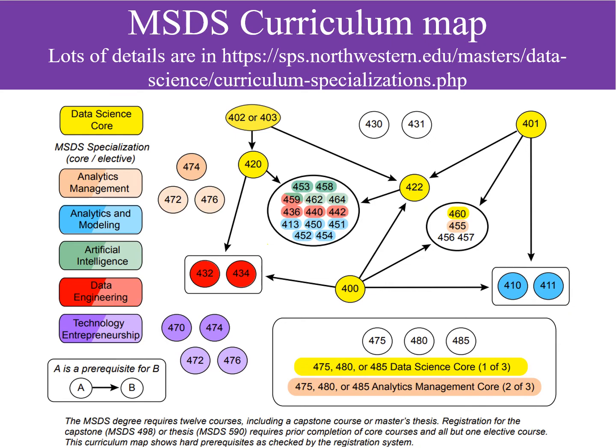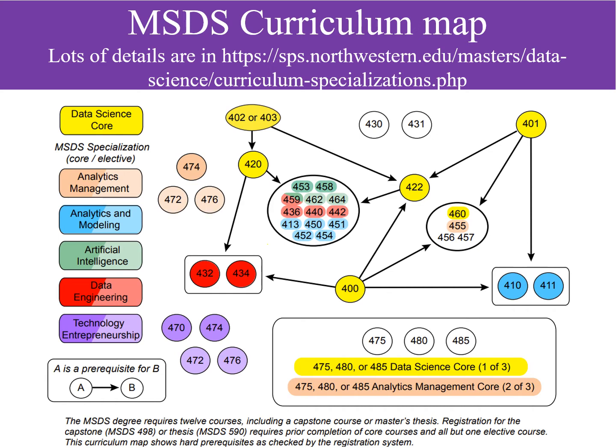And we have some specializations also. Okay, so the specialization, for example, artificial intelligence is green coded, and the subjects are 453 and 458. 453 is about natural language processing, and 458 is about artificial intelligence and deep learning.